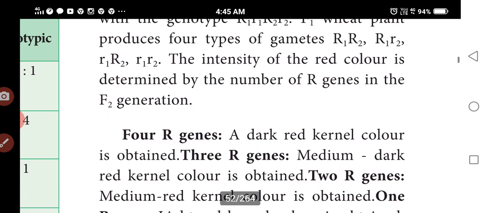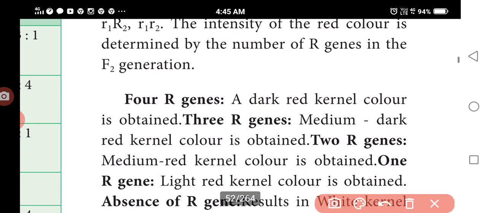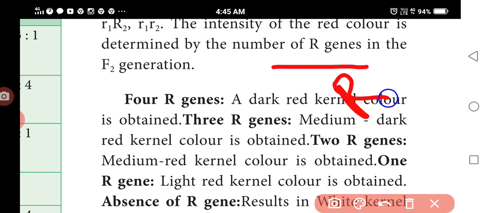Normally the F1 generation is selfed. The intensity of the red color is determined only by capital R. Capital R denotes the red color. Listen, four R genes are here.